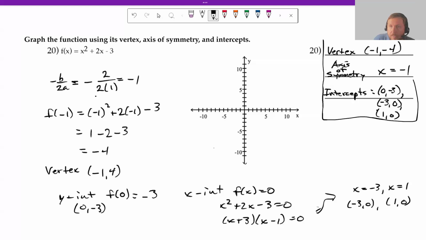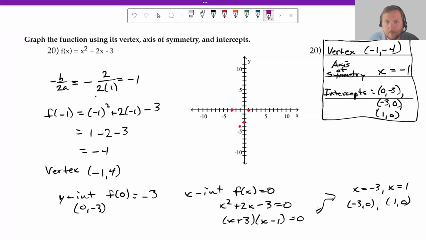Okay, so there's all that important information. Let's go ahead and plot some points. So -1, -4, 0, -3, 1, 0, and -3, 0.